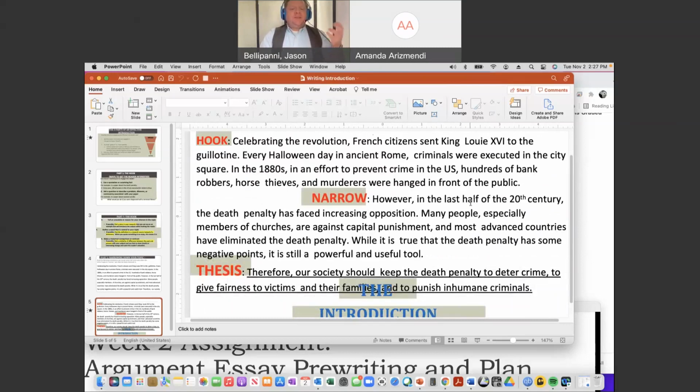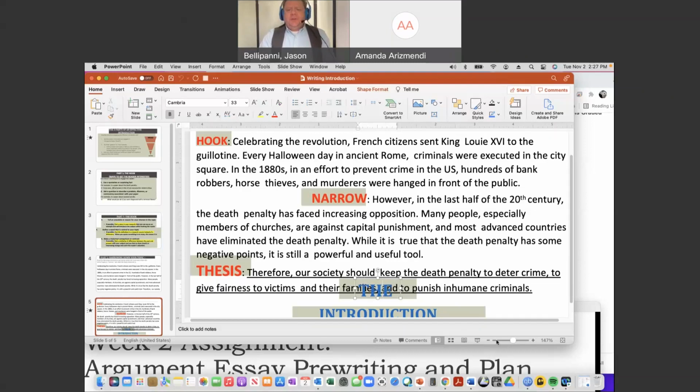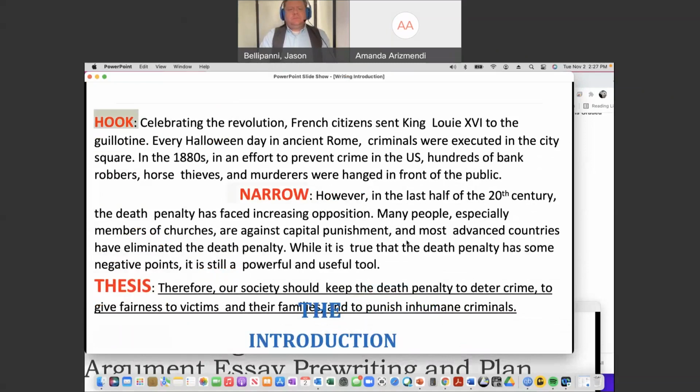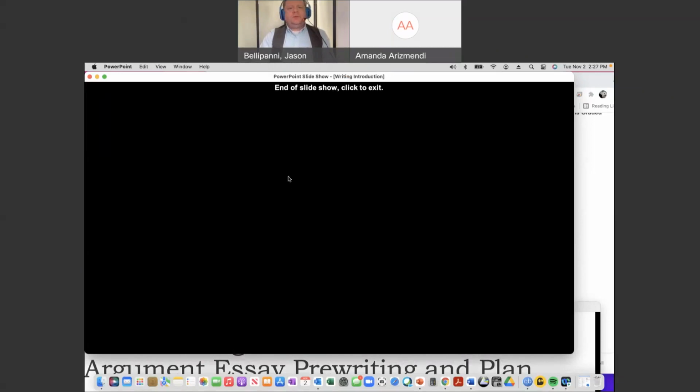So the last half of the 20th century is pretty broad, and then eventually you're getting down to this one, I guess on the death penalty. Therefore, our society should. Let's see. This is why you're supposed to do this.